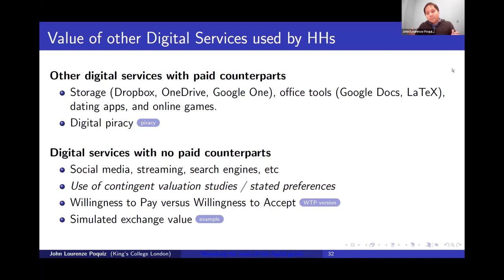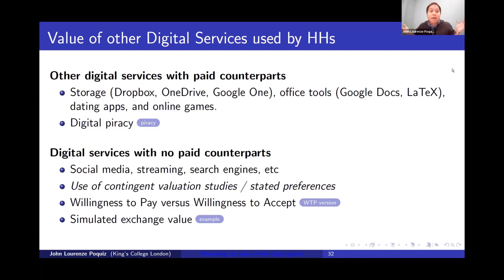So the general principle applies, using the price of paid streaming as a value of free. So digital piracy is kind of like a free good, only just acquired illegally. Now, the problem with my approach is that it's only confined to goods with paid versions.